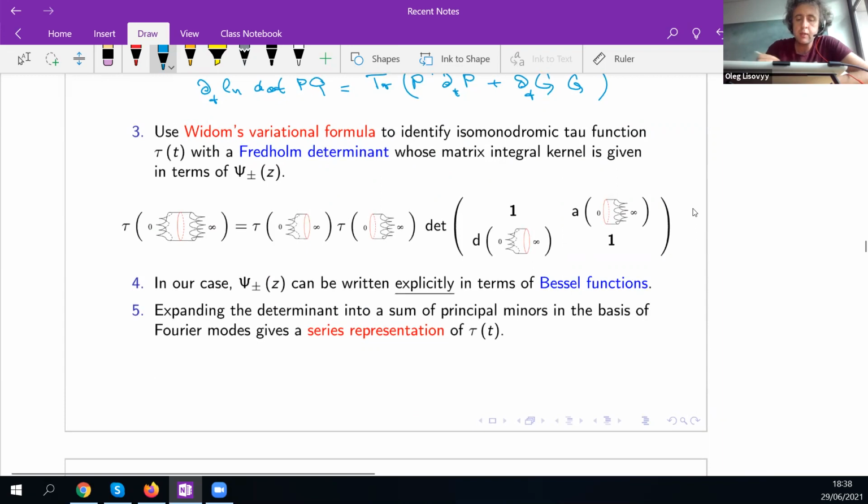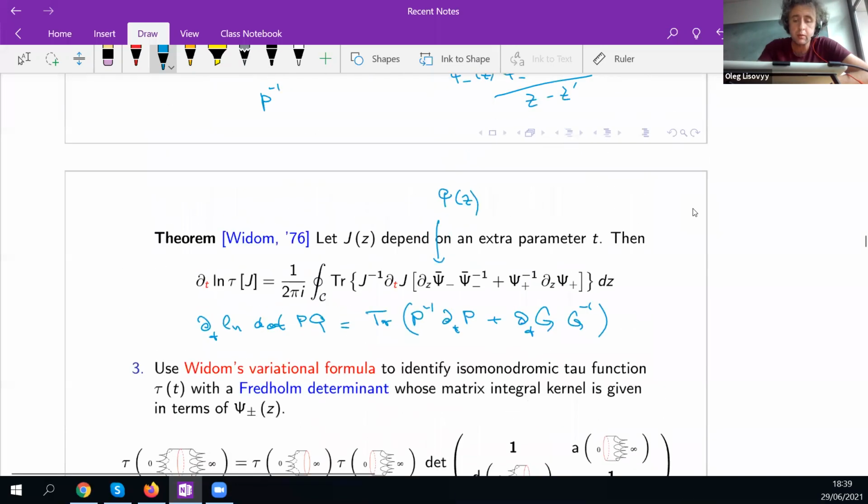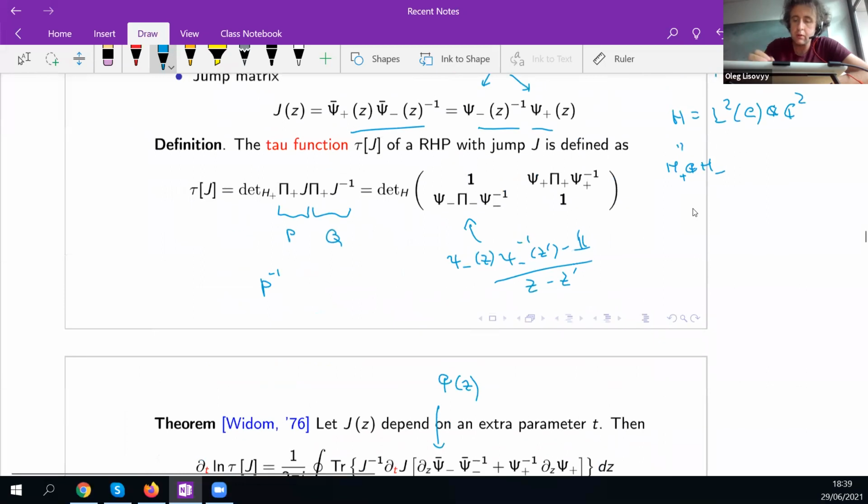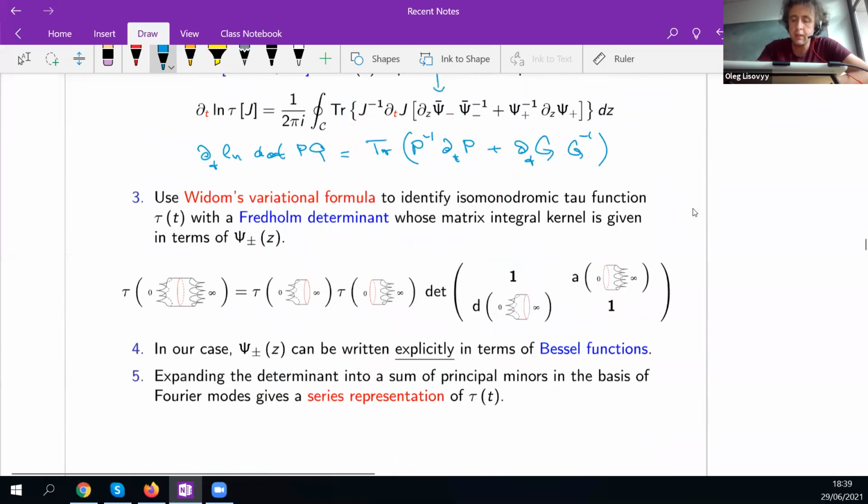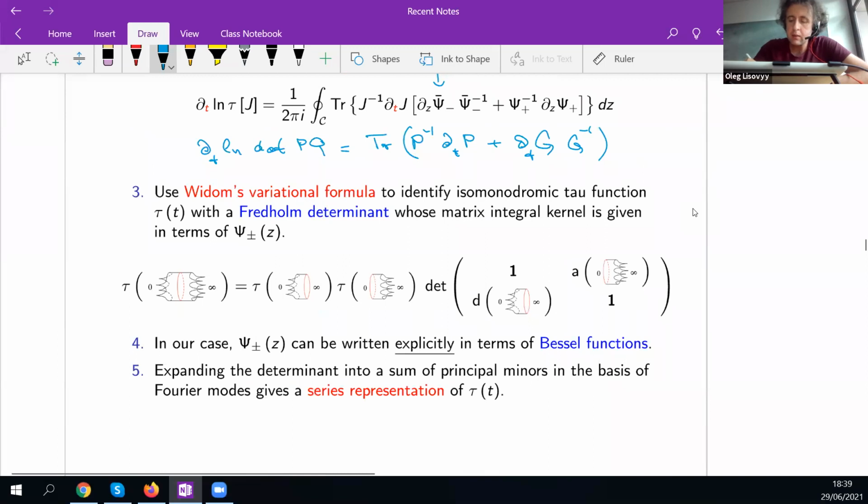In this more general setting, Widom's variational formula allows you to prove that the tau function of this system is equal to the product of isomonodromic tau functions associated to these two simpler systems, and a certain Fredholm determinant, which is nothing but this determinant that I have here, again expressed in terms of solutions of these auxiliary linear systems.